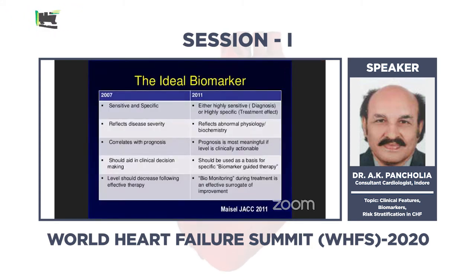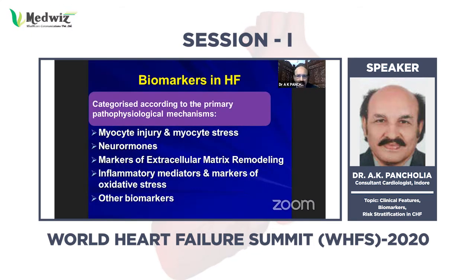The ideal biomarker is either highly specific or highly sensitive, and reflects abnormal physiology or biochemistry. Prognosis is only meaningful if the label is clinically actionable and should be used as a basis for specific biomarker-guided therapy. Biomarkers in heart failure are categorized according to the primary pathophysiological mechanisms, like myocyte injury and myocyte stress, neurohormones, markers of extracellular matrix remodeling, inflammatory mediators and markers of oxidative stress, and of course other biomarkers.